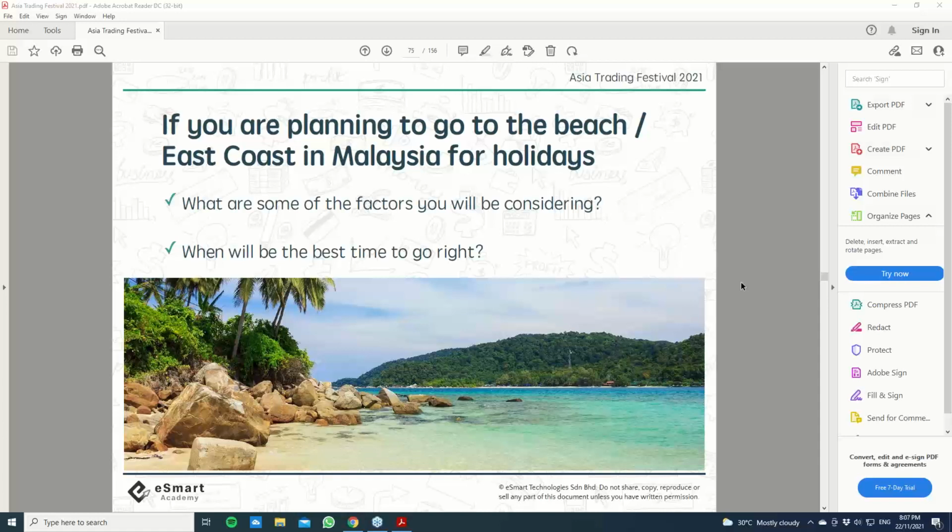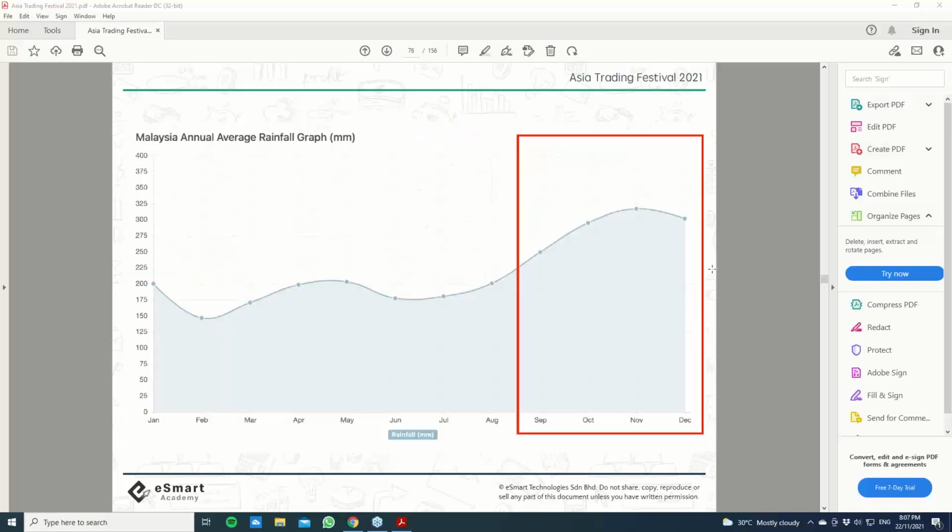This kind of subconscious decision, which we even apply on our day-to-day basis, is also based on seasonality, right? You're actually studying historical patterns of when the rainy season is.